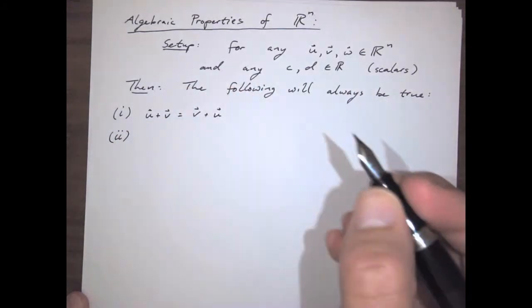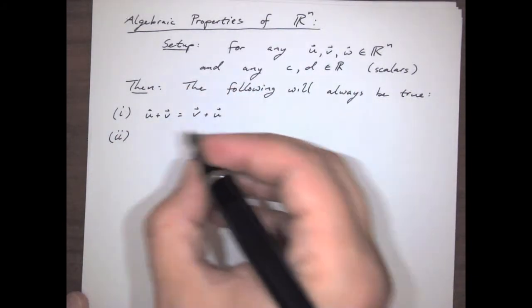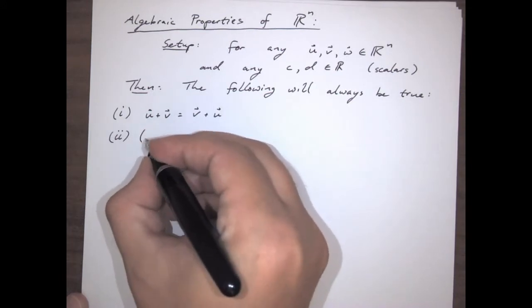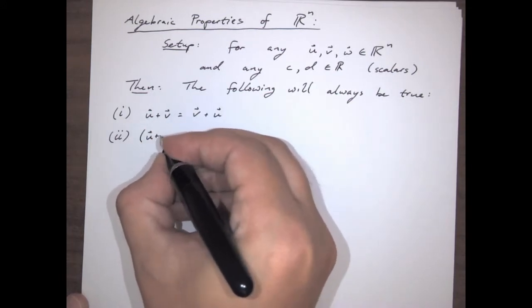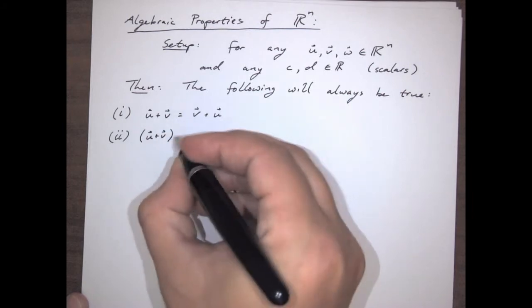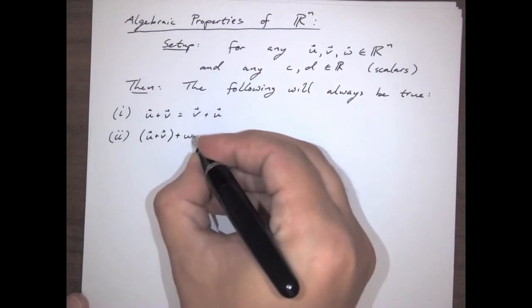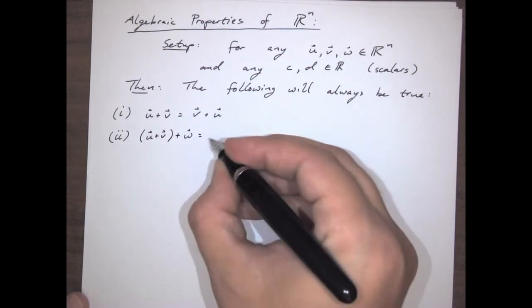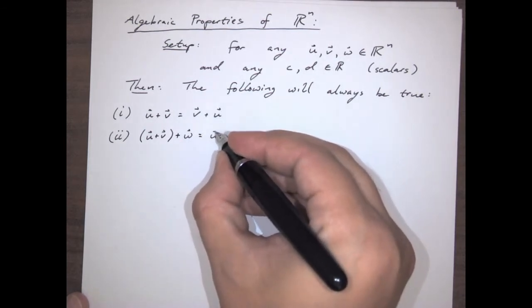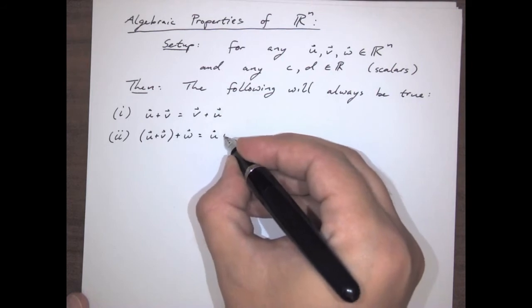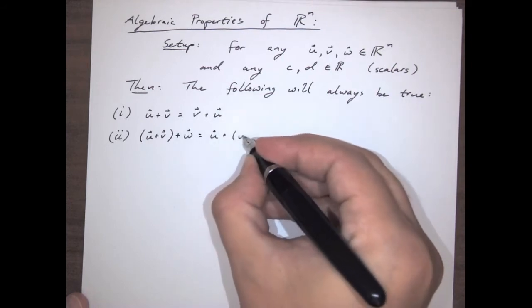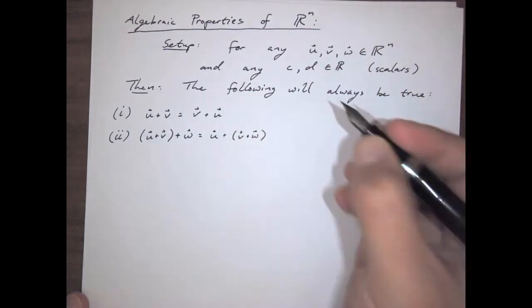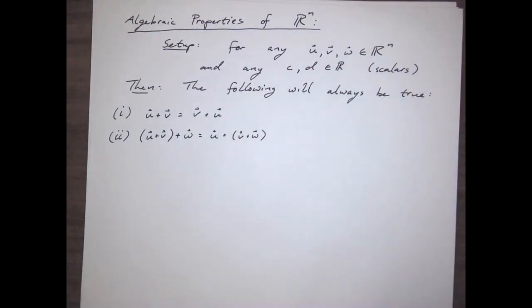Same thing, we know that addition among real numbers is associative, as they say, which means that if I did u plus v, and then I added the result to w, that's the same thing as if I had done it in the other order, where I had added v plus w, and then I had added the result to u.